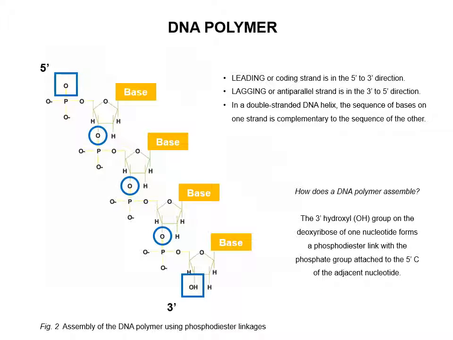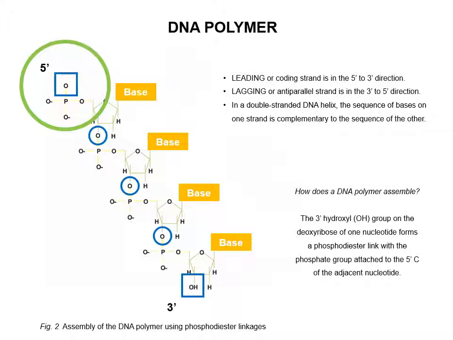The sugar of one nucleotide and the phosphate group of another undergo an esterification reaction linking one nucleotide to the next to form a polymer or strand of DNA. The 3' hydroxyl group on the sugar of the first nucleotide in sequence forms an ester link with the 5' phosphate of the second nucleotide in sequence, whose 3' hydroxyl in return has a bonding reaction with the phosphate group on the next nucleotide.